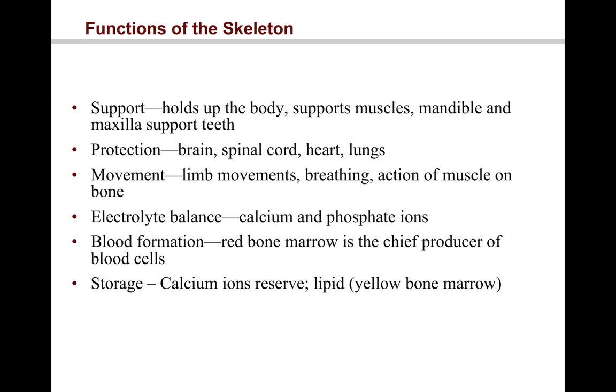The other very important function of the skeletal system is protection. What kind of protection? There are several organs in our body which are extremely sensitive to any sort of stress, any sort of damage. They are so important that without their proper protection, we would not be able to function properly. Some are listed there: brain, spinal cord, heart, lungs.